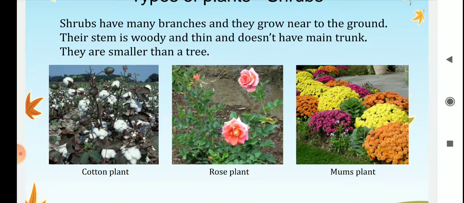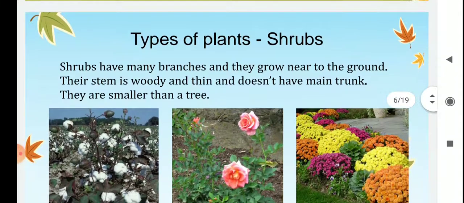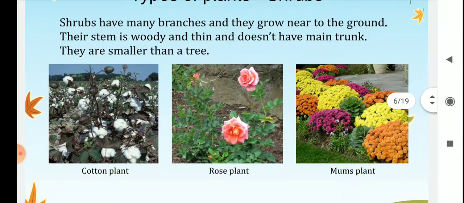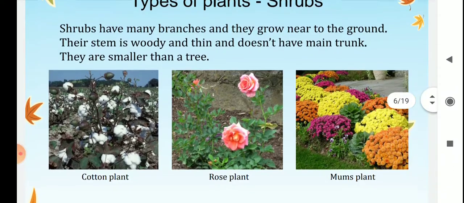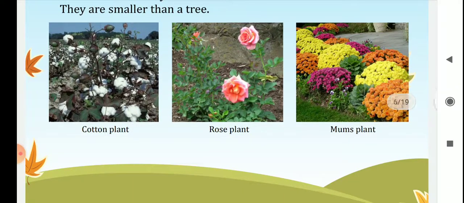Their stem is woody and thin and doesn't have a main trunk. They are smaller than a tree. Obviously a tree is big, but these shrubs are smaller and they spread very well. The common examples of shrubs are cotton plant, rose plant, and mum plant.